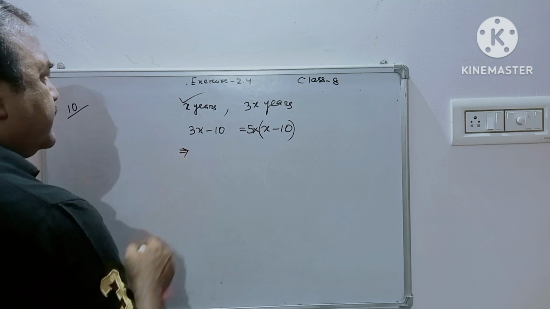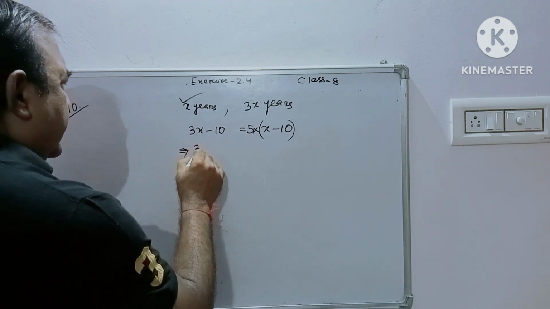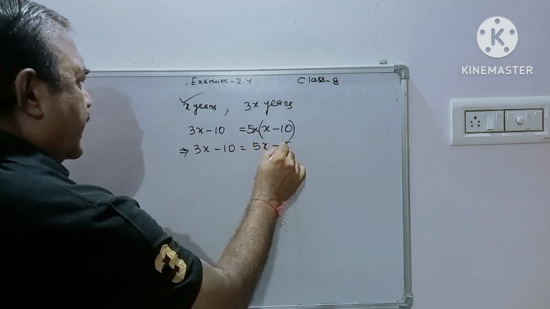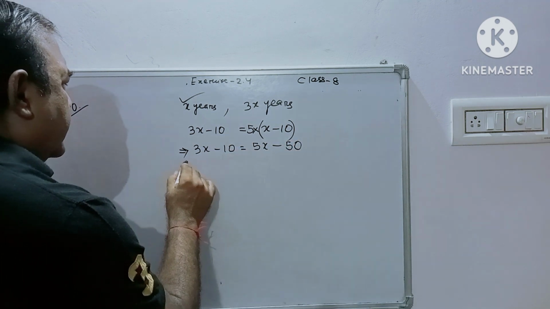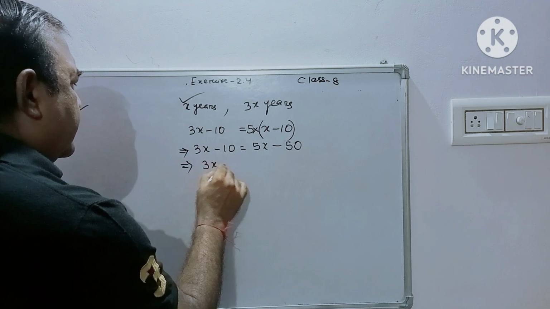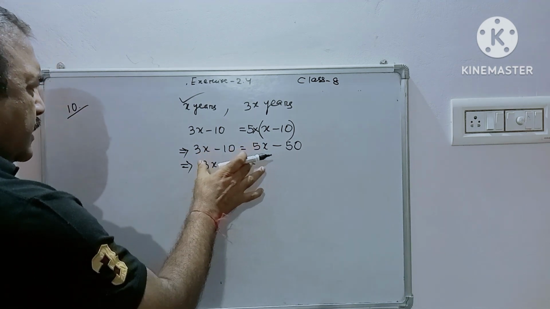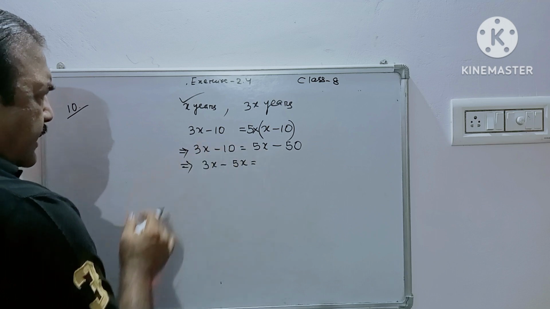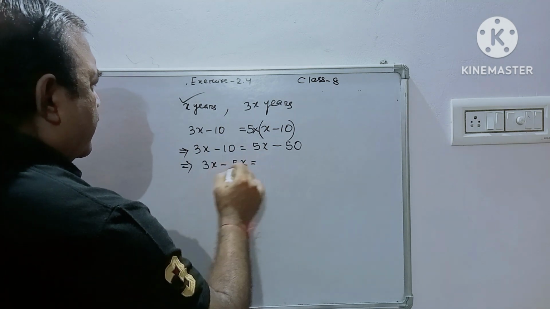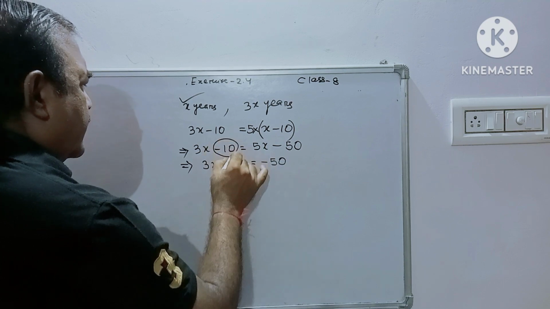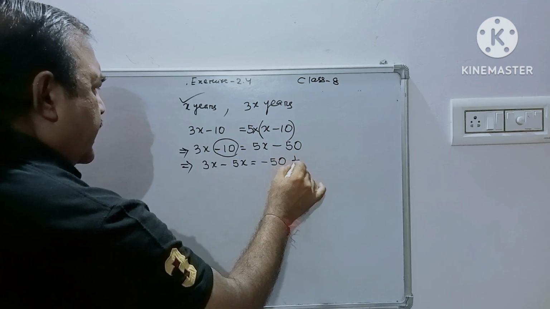That implies 3x minus 10 is equal to 5x minus 50. That implies 3x minus 5x, you bring the variable to one side, okay? That is equal to minus 50 minus 10. That will be plus 10.